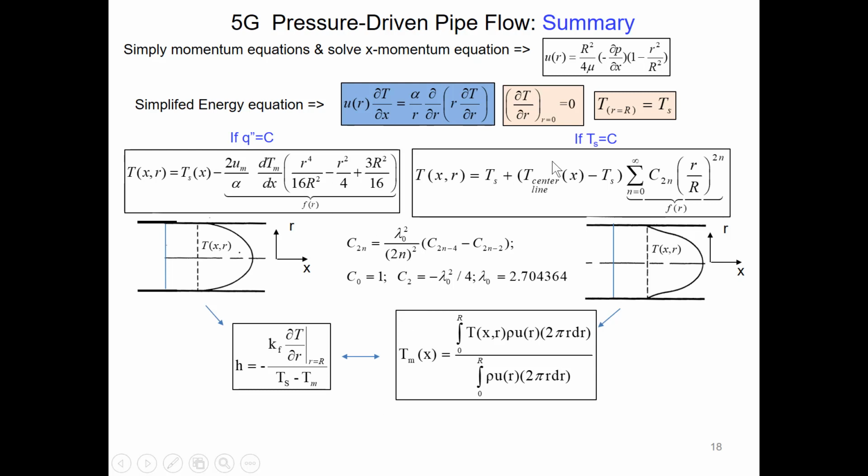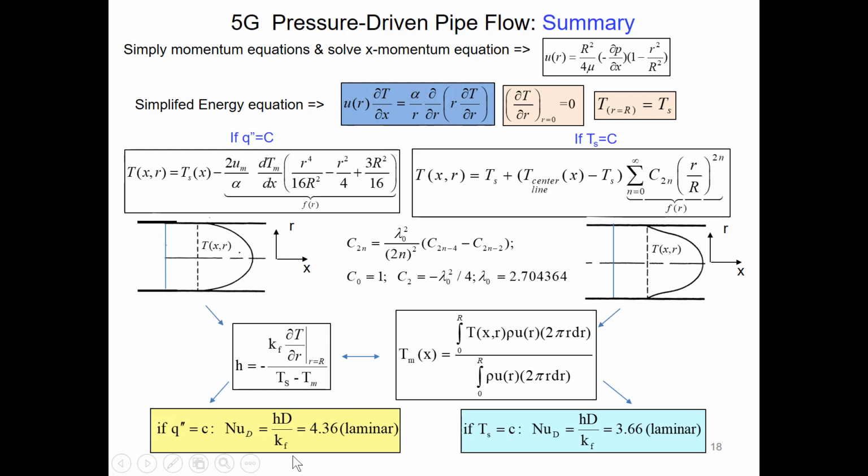Finally, we have the temperature profile and the velocity profile. We can take the derivative to get the first term and use the mean flow temperature definition to get the temperature difference term to get the heat transfer coefficient.